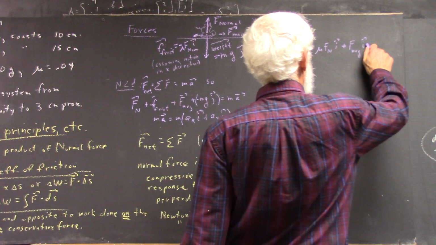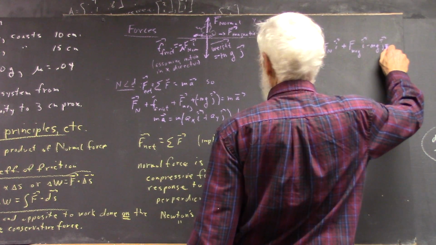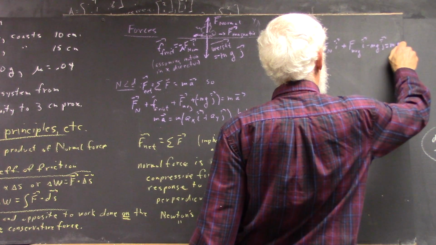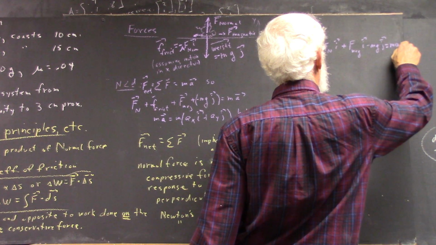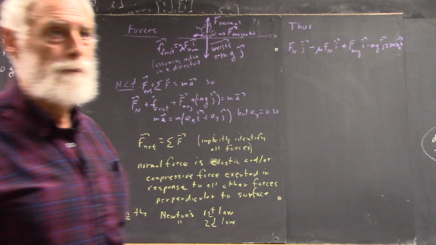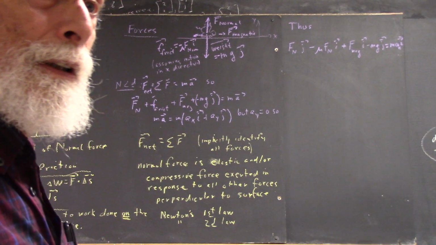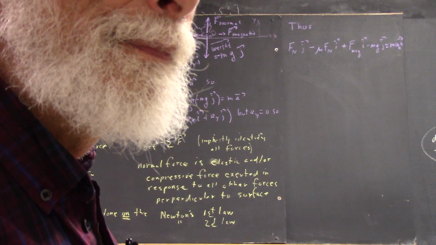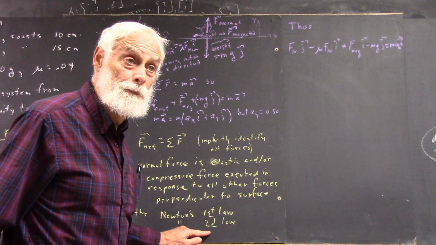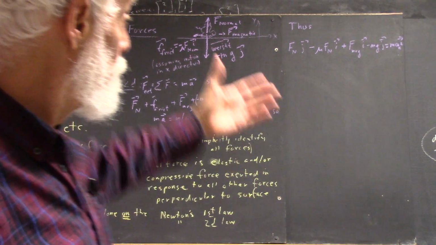Minus mgj equals m ax I. Okay? So there is the equation that embodies Newton's second law in this case. Make sense? Okay, what do we do with that equation?